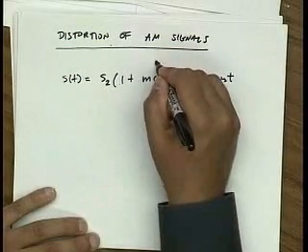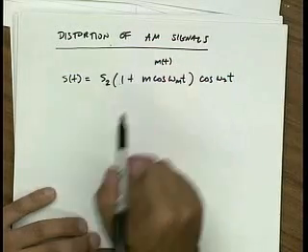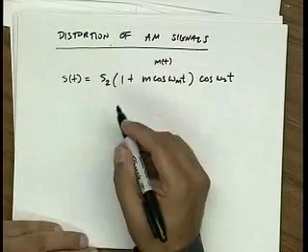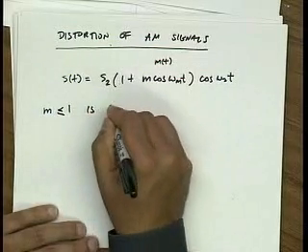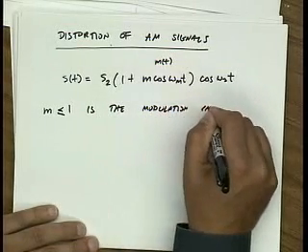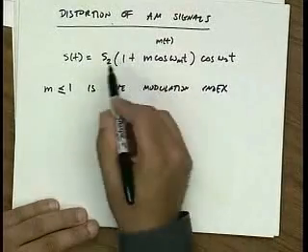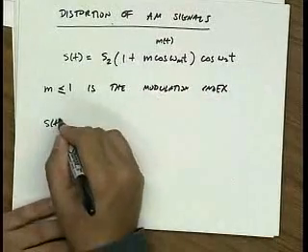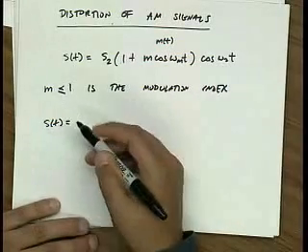In general, I should write m of t as the modulating waveform, but here I assume that I just have one tone of modulation. So m, which is less than or equal to 1, is the modulation index.